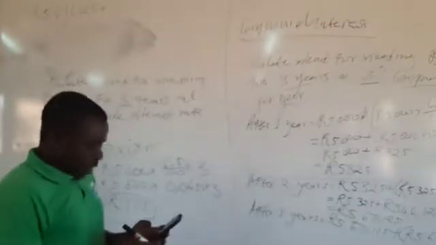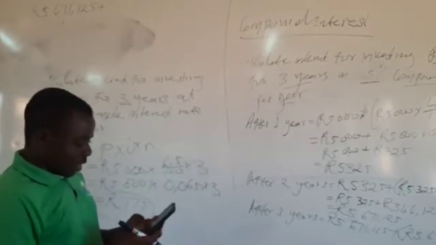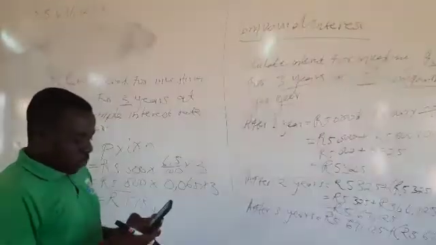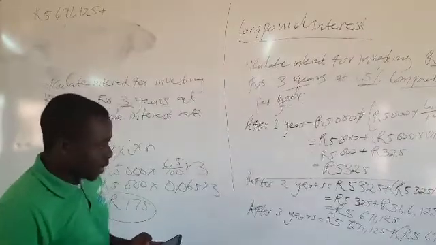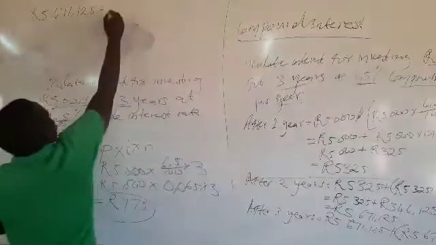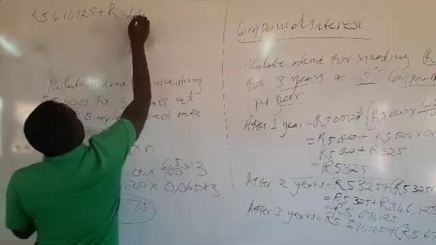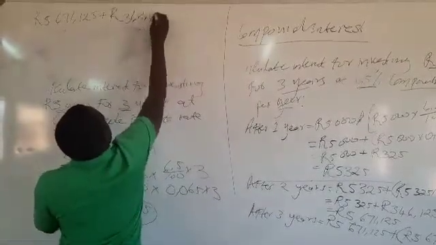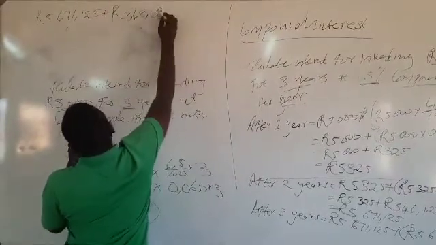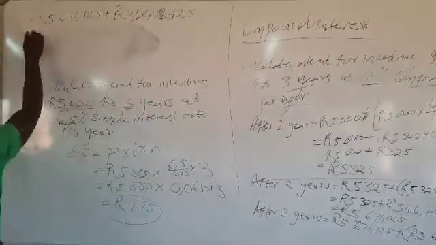Now we want to know the 6.5% of 5,671.125. Then we say 5,671.125 multiplied by 0.065. Then we're going to have 368.623125.